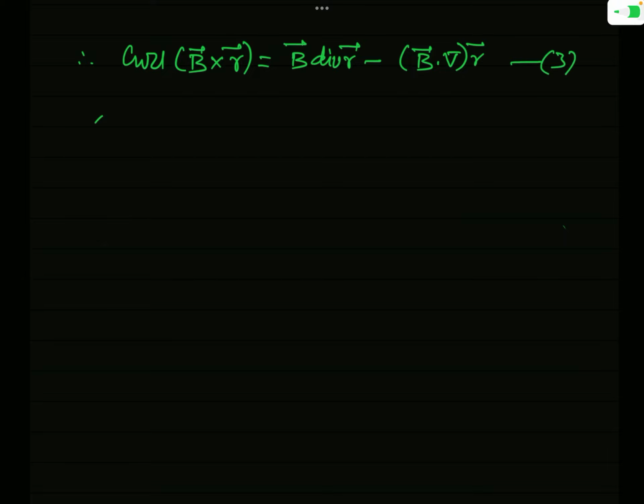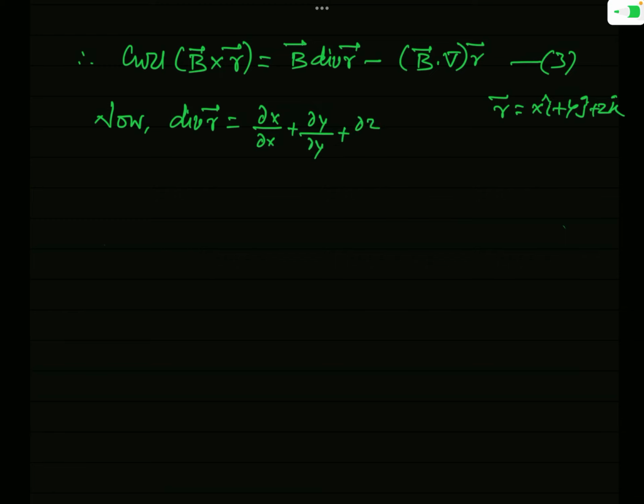Now, you know that the divergence of R will be what? Vector R is defined as xi plus yj plus zk. So divergence of R will be simply equal to del x by del x plus del y by del y plus del z by del z.